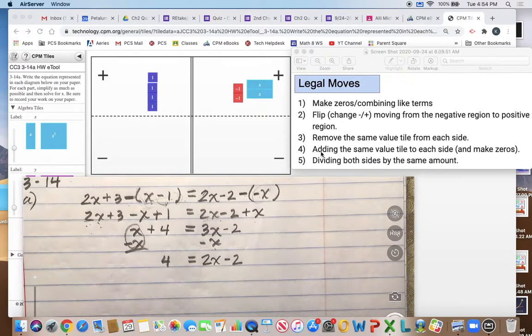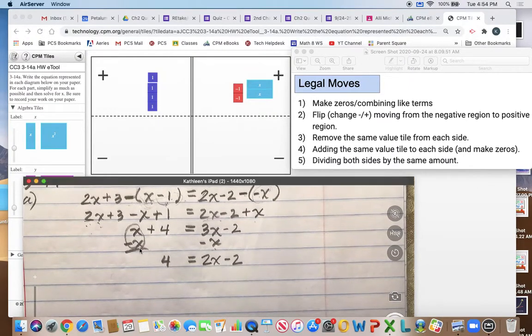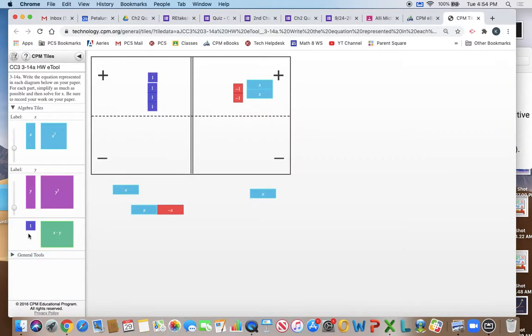We could get the x's by themselves by adding some tiles to each side and making zeros. So to make zeros out of these 2 negative ones, we would have to go and get some positive 1 tiles. So we need 2 over here to make those zeros.